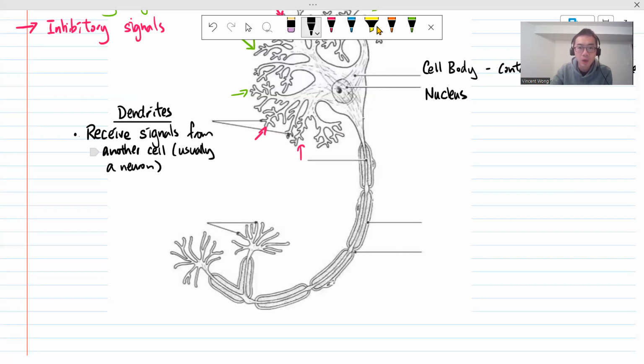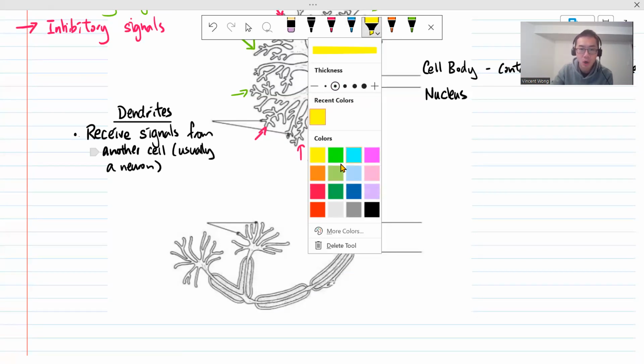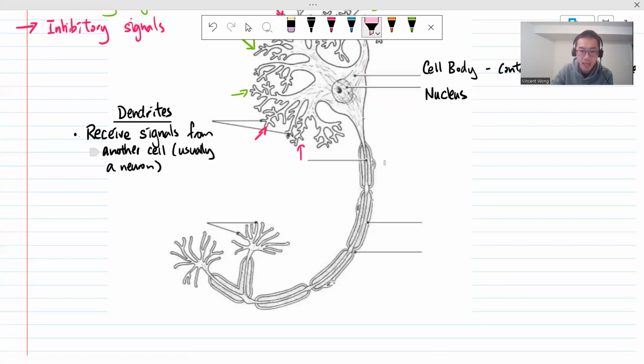So the signal is going to go down this very long tail that is right here. Okay? So this tail, super long one, that I'm coloring right now. I'm only coloring the inside. And this one here is called the axon. It's right here, this arrow, axon.